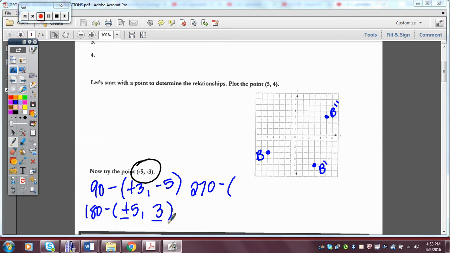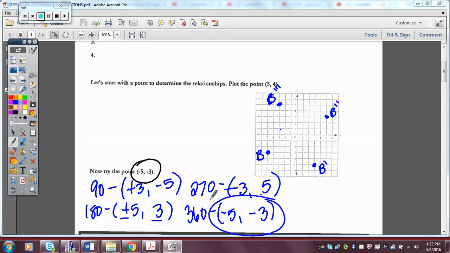I flip x and y, make the opposite of the first one. So -3, 5. This is B triple prime. If I were to go all the way around to 360, I would flip these two again, and I'd make my first one negative, and notice that's exactly where I started.